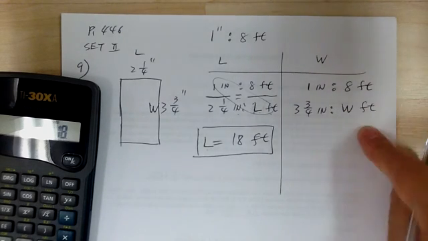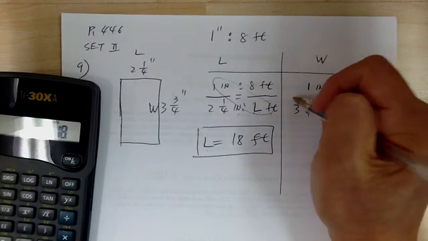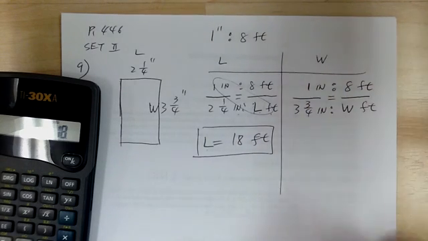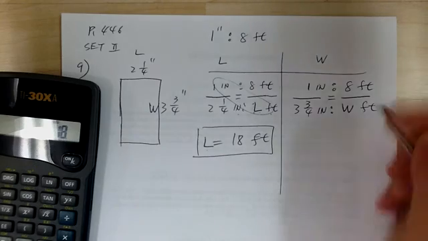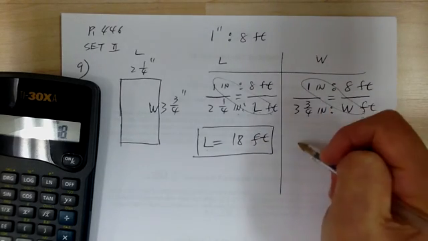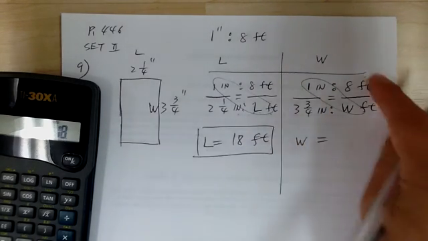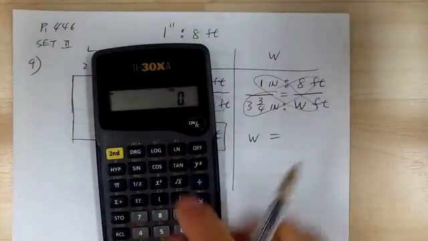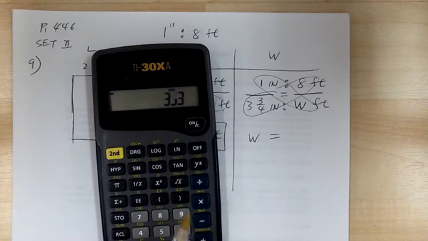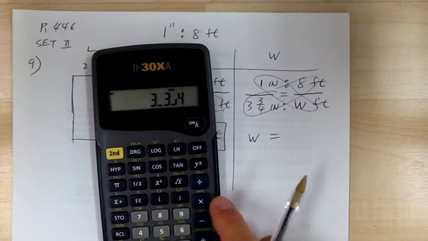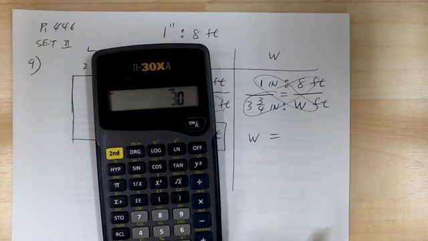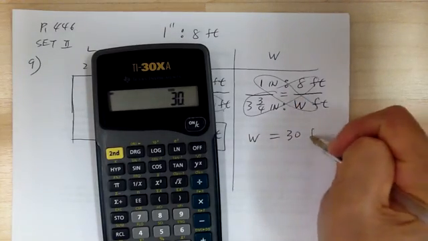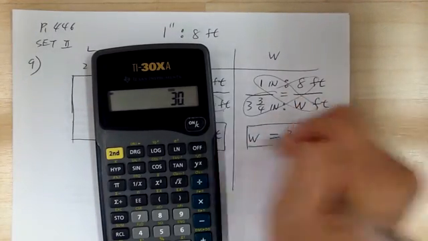You line up all your labels, make it into an equation, and then all you have to do is cross multiply. So W equals, again use your calculator, 3 3/4 times 8 equals 30 feet. And that's all you need to do.